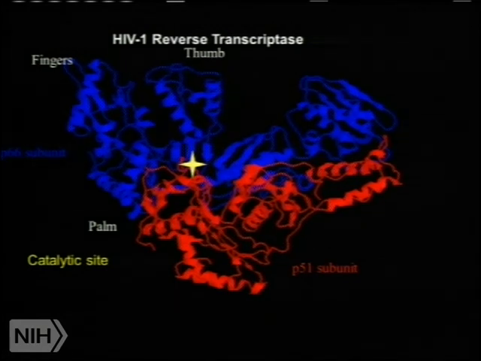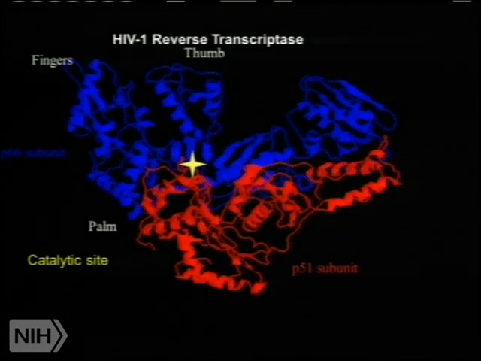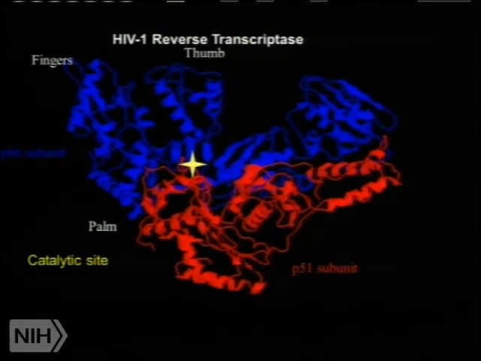Nucleoside triphosphates are going to bind to these fingers domains. It's going to close over. It's going to incorporate that nucleoside triphosphate, give off the diphosphate, insert that nucleoside, and then move a little bit, and then do it again, and again, and again. And that's how this catalytic activity takes place.